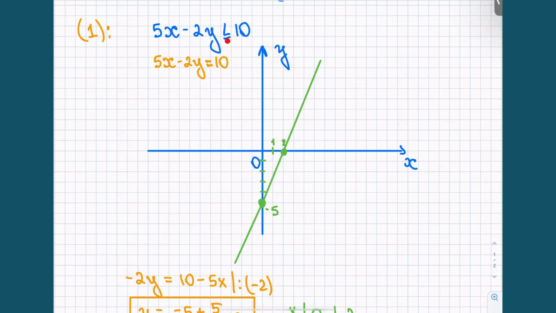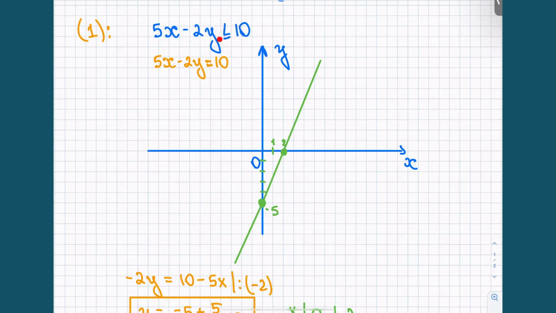And now to draw a solution for this inequality number 1, we need to know which side of the line we have to shade. Will all the points on the left-hand side satisfy this inequality, or will it be all the right-hand side points? To check it easily, dear students, we just take one sample point from either side, plug it into this inequality and check.